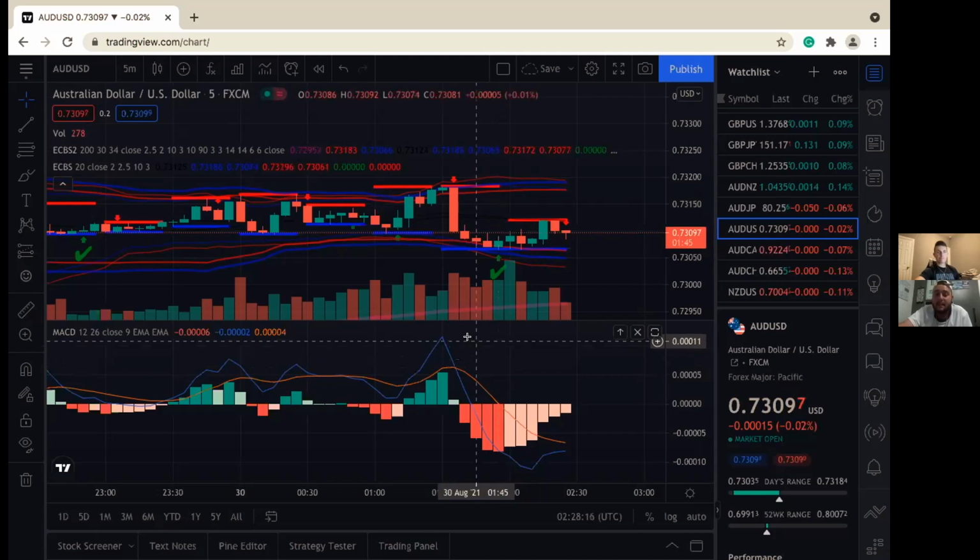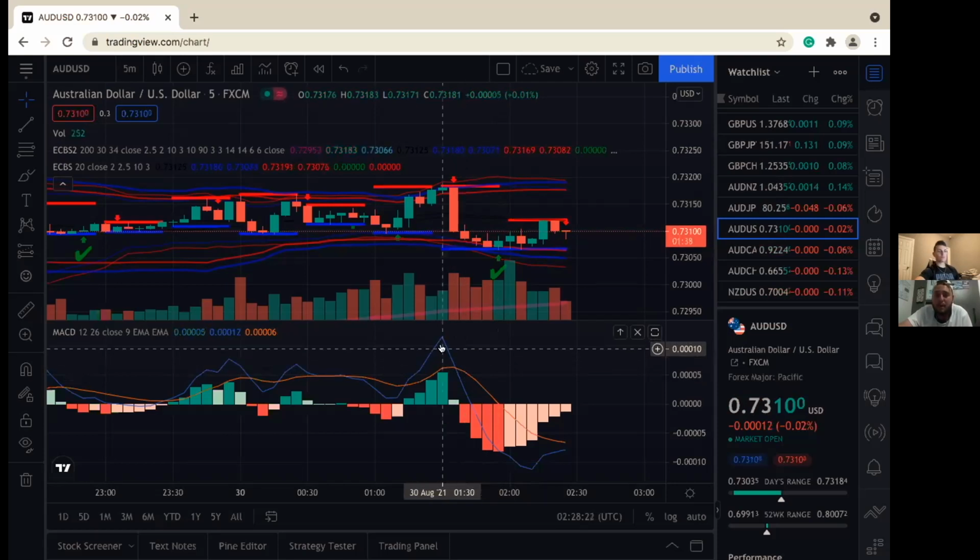It's because of the MACD. I'm always looking at the MACD to show me the trend, what is going to start. Whenever it's crossing down, it shows me that it's going to start a downtrend. Whenever it's crossing up, it shows me that it's going to start an uptrend.